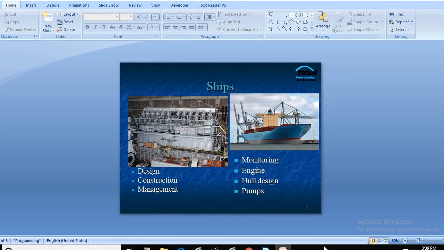Different powerful software is used to design certain parts of the ships. For example, if we want to design the shape of the ship, a particular software might be used. If we would like to work upon the engine design, obviously another software may help to design that kind of engine. Management tools are available there.